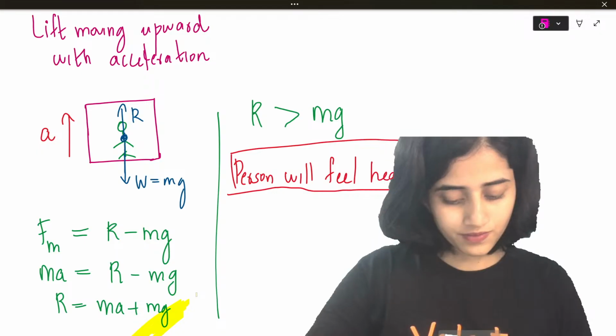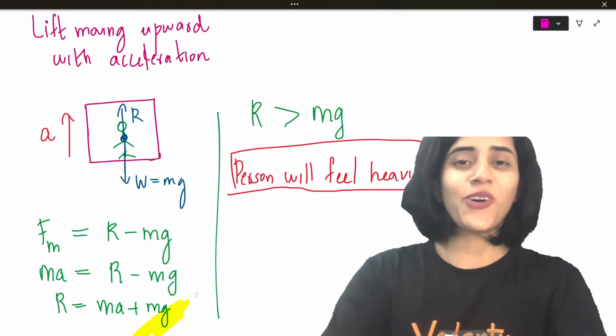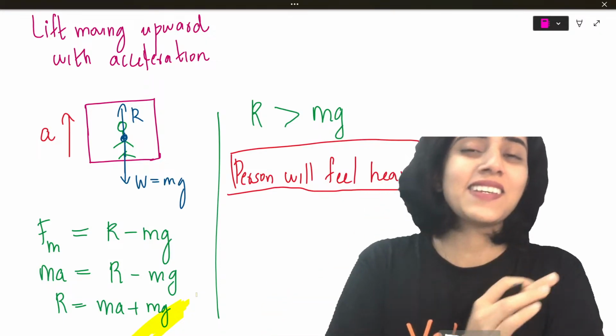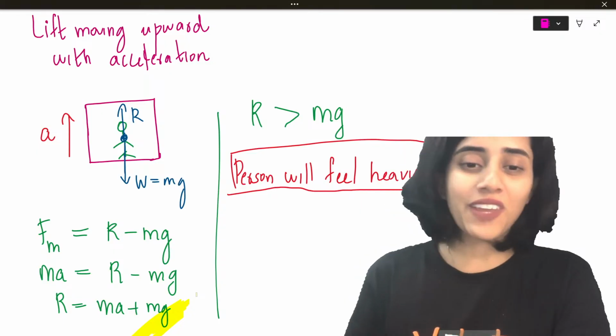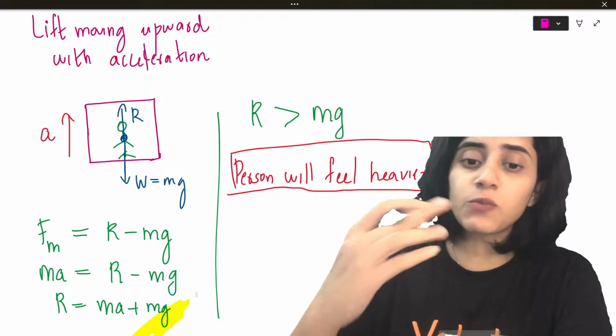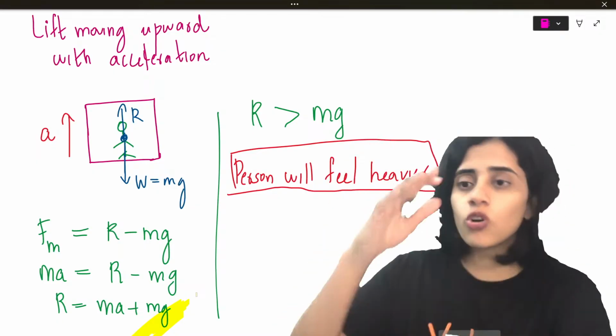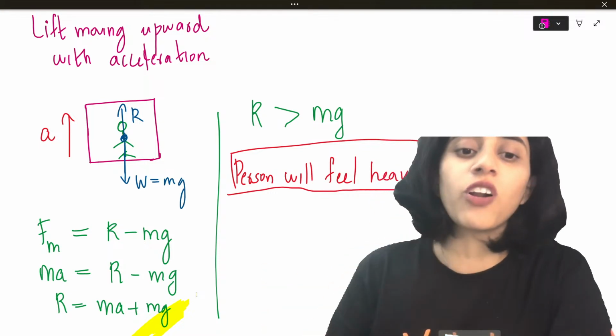See, students, when you're in a bus, and then if the bus suddenly speeds up, if the bus suddenly moves fast, what happens? If you're standing simply on the bus, you'll fall down.